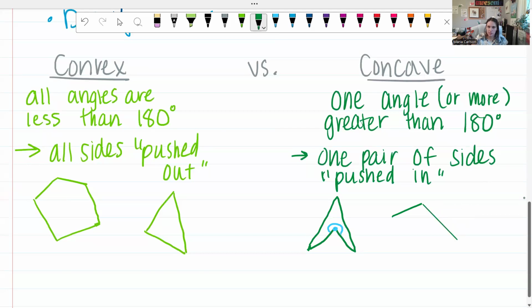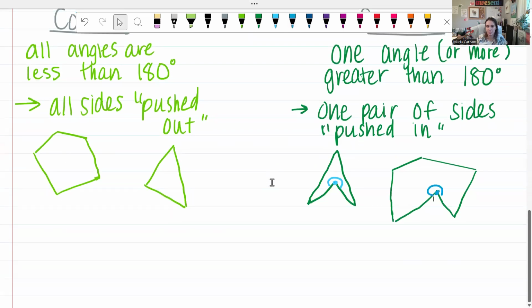It goes like this, and then like that. So this has 1, 2, 3, 4, 5, 6 sides. So this is actually a hexagon. But look, this angle here has been pushed in. It is actually an angle that is greater than 180 degrees.